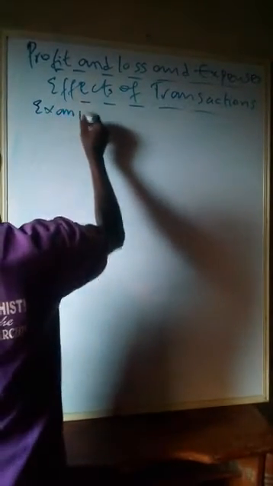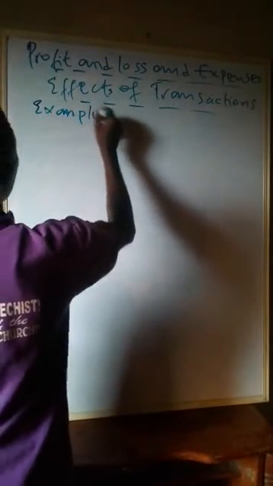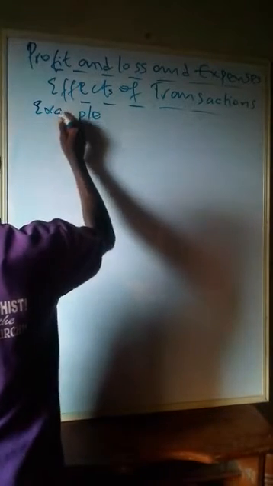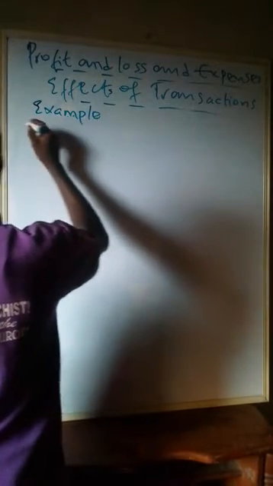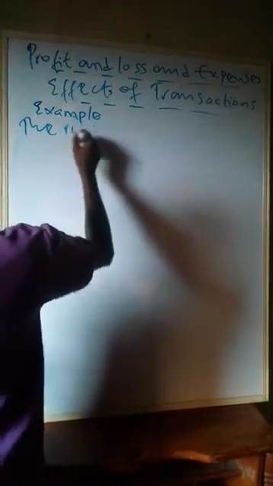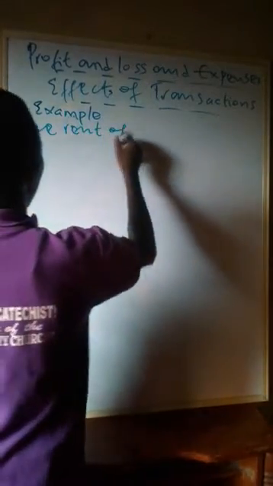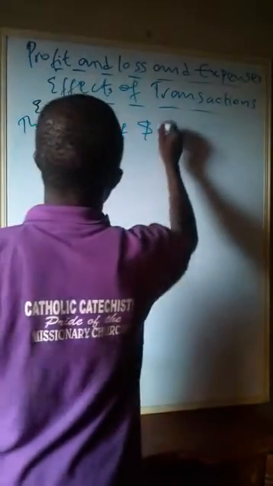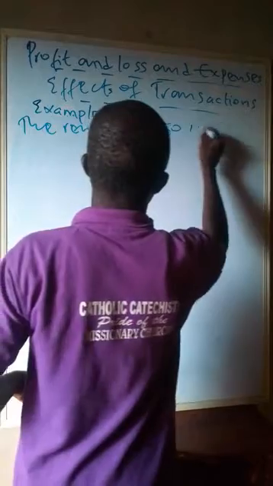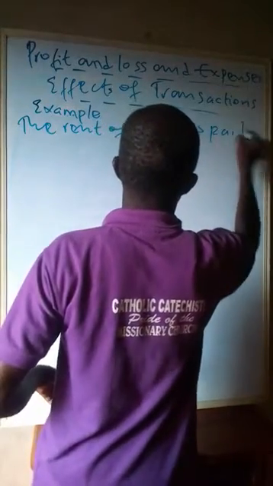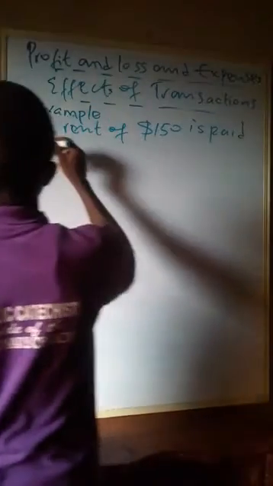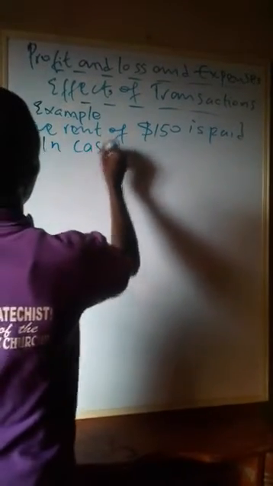Example, the rent of 150 naira is paid in cash. This is what we are saying.